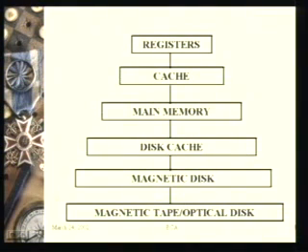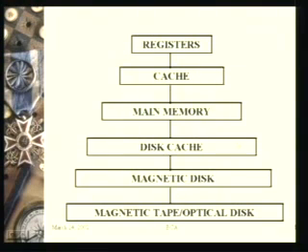Now look into the hierarchy. What is the hierarchy? Registers are fastest within the CPU but are small in number. Cache is bigger, maybe in the range of 256 to 512 KB. Main memory is even bigger, in the vicinity of many MBs, 128 MB, 256 MB, a factor of 10.